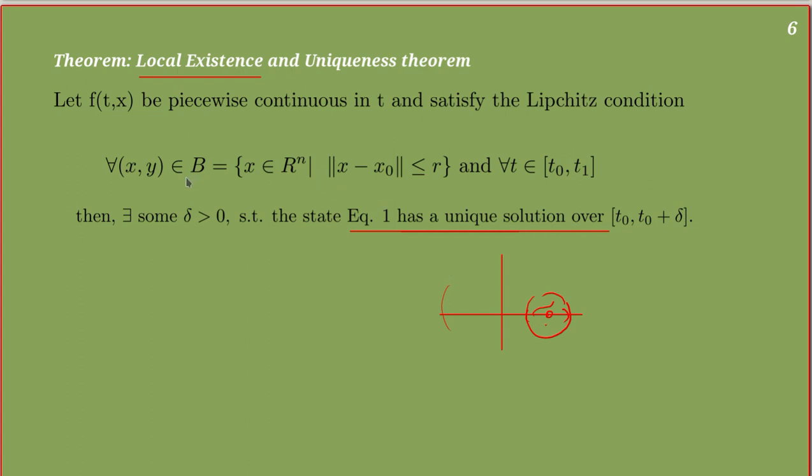Now, if this Lipschitz condition is satisfied throughout the whole domain of the system, then we can say that we have a unique solution throughout the whole domain of the given system. Okay, now this is about the local existence and uniqueness theorem using the Lipschitz condition.